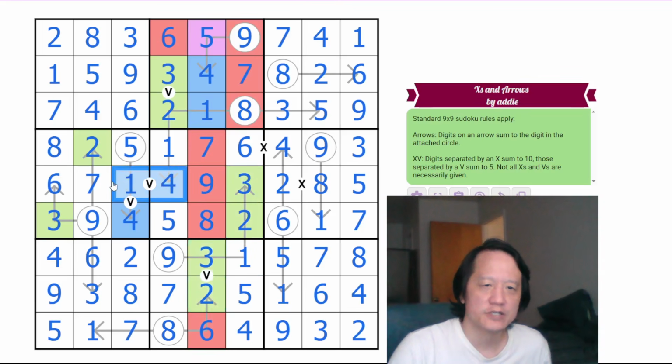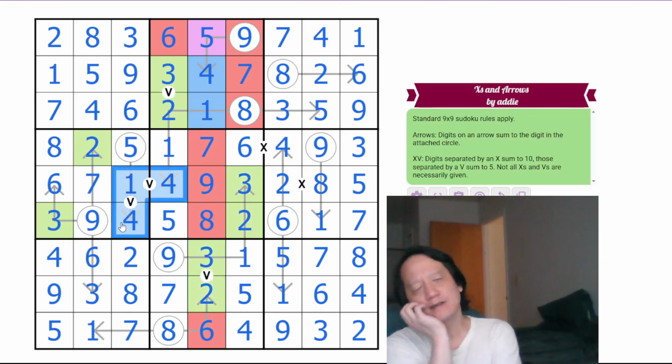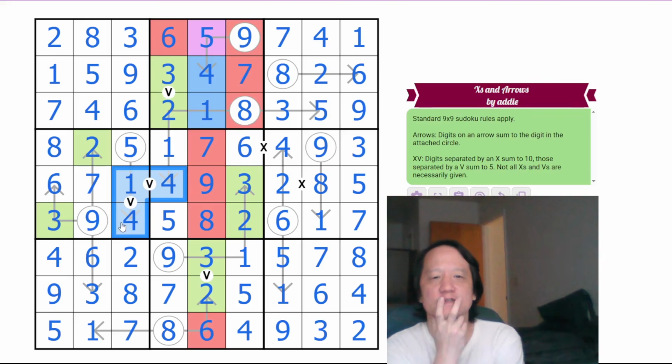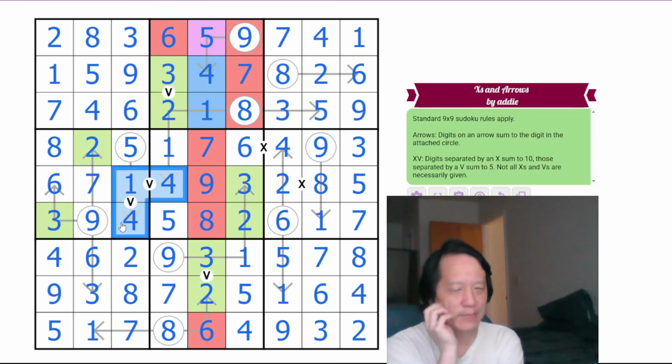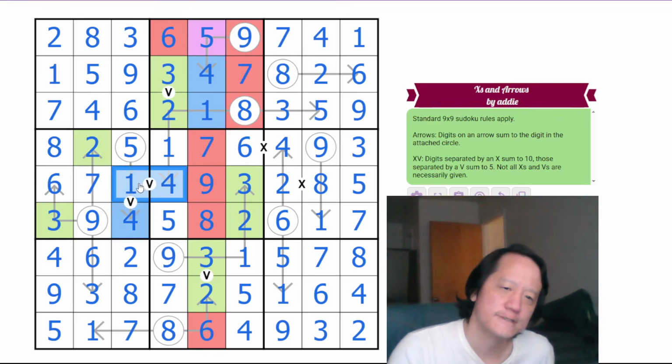Pretty interesting, actually. I don't know if I would classify this as very easy, though. I mean, if you've done a decent amount of Sudokus, it is. But usually I think very easy puzzles are ones that even beginners can logic out fairly easily. I'm not sure how much this part is logic.